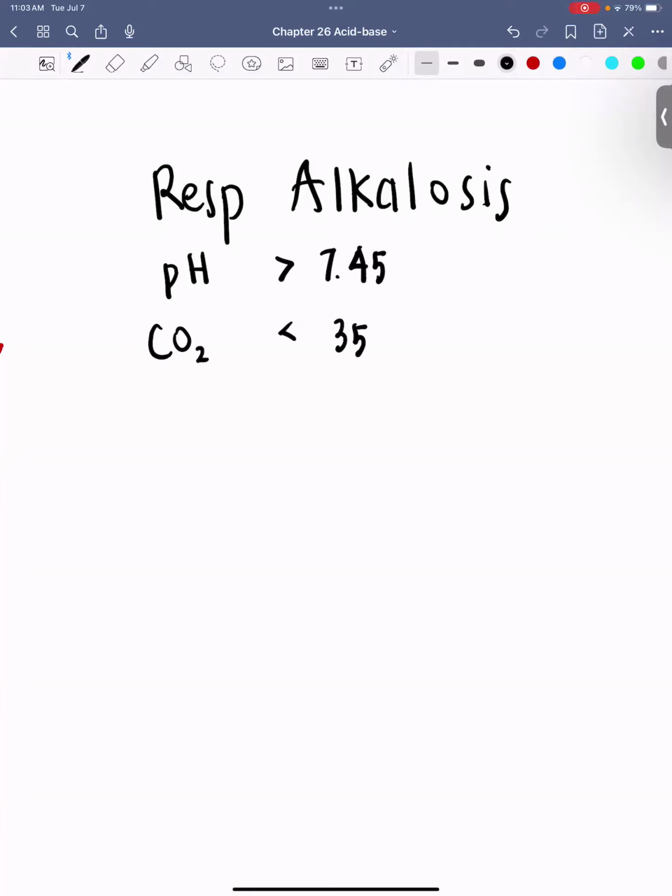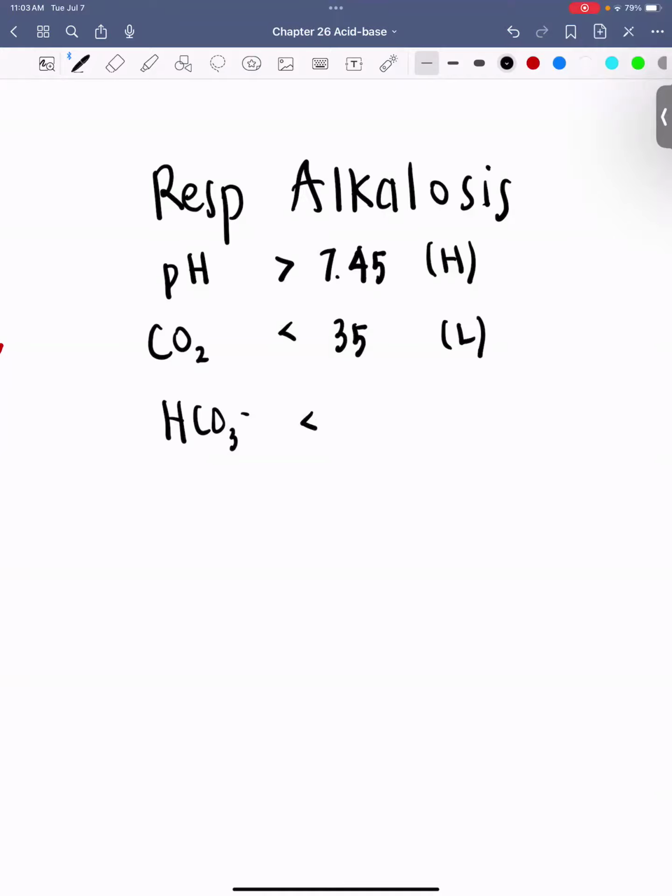CO2 and pH are opposite, so it's going to be less than 35. So our pH is high. Carbon dioxide is low. Again, bicarbonate will be within normal limits if the kidneys aren't yet compensating. Kidneys take about 3 days before they can start compensating for respiratory acid-base imbalances.